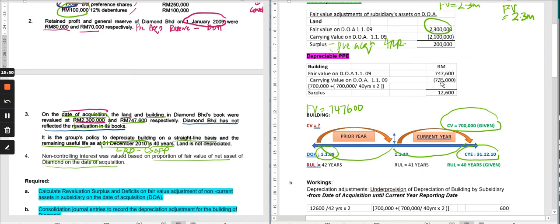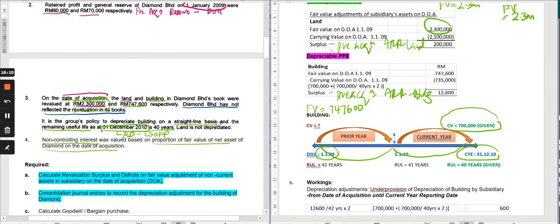So you get 735,000, and that will give you another revaluation surplus on the date of acquisition.